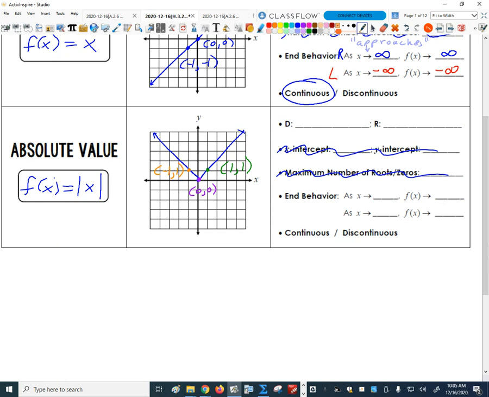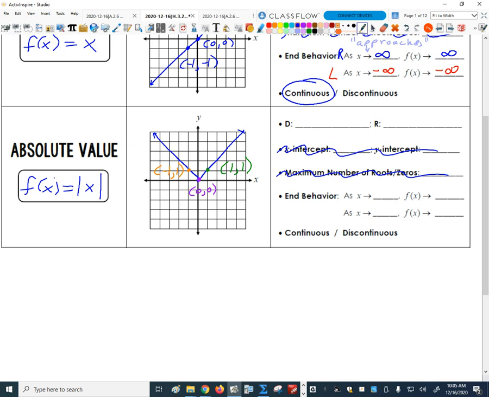Okay, so the domain. What's the domain going to be this time, Jace, of an absolute value function? Questions for Jace? Oh, okay, I'm going to skip you then.